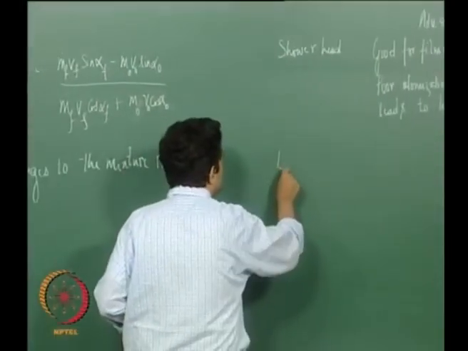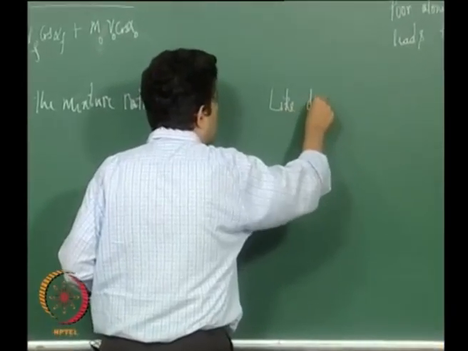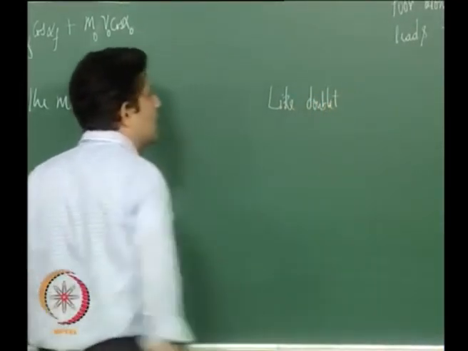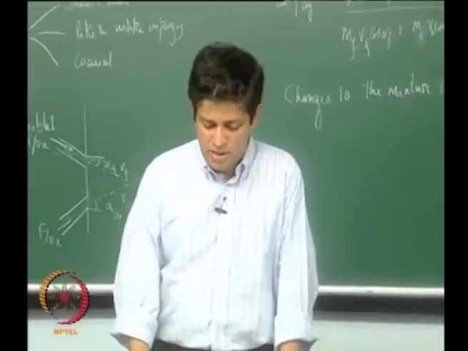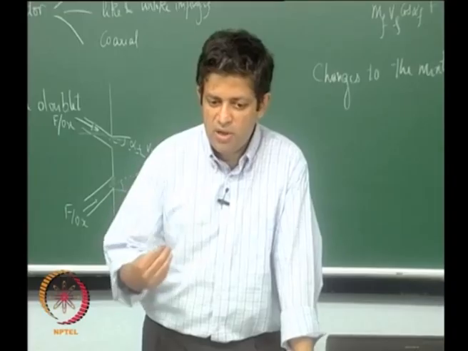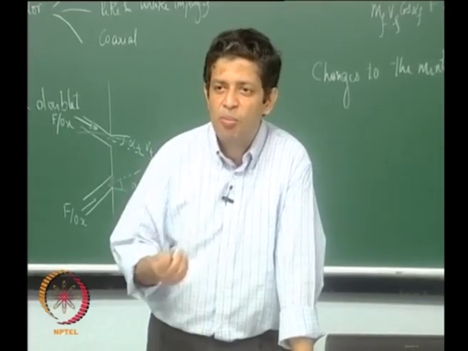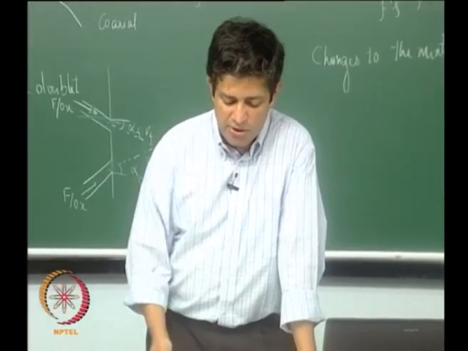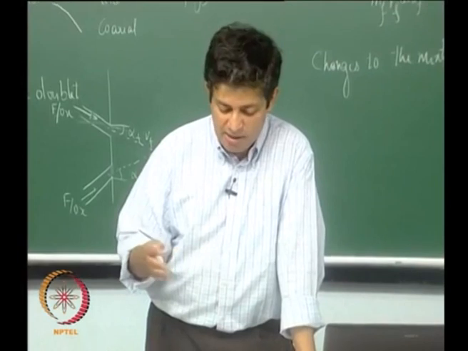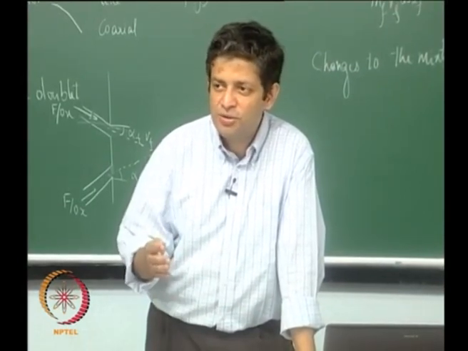then the like doublet, right. In this case, the mixing is a lot better because you are using the momentum of the jets to break them up. So it also leads to more stable combustion, and the volume of the combustion chamber is also very small.